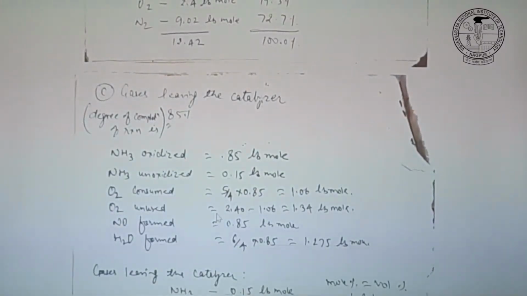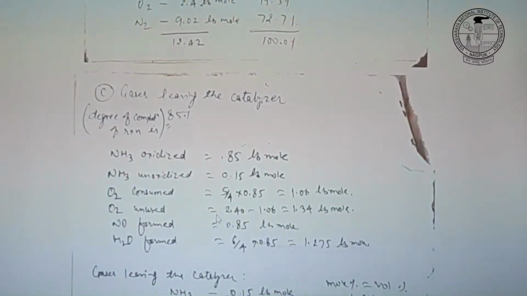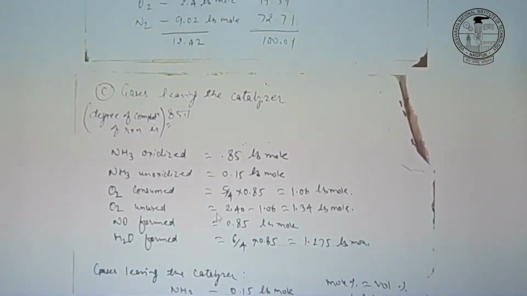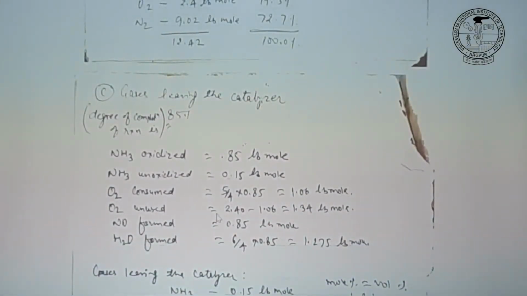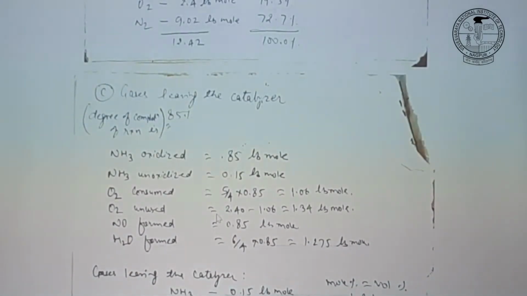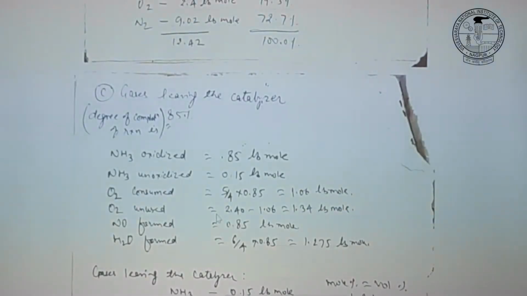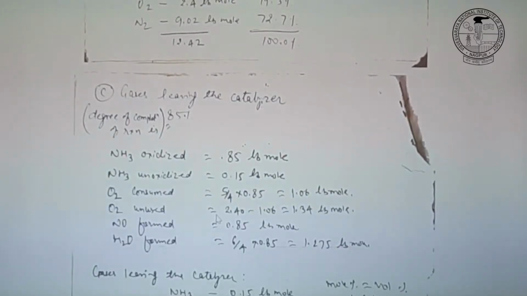Now oxygen we supplied, that is 2.4 lb mole, but how much is consumed and how much will be unused? Unused oxygen will go in the outlet. Oxygen consumed, you see the reaction stoichiometrically: 5/4 multiplied by 1 lb mole of ammonia if conversion is 100%, but conversion is 85%, so you multiply it by 0.85.